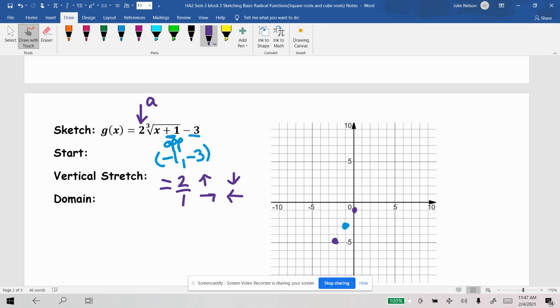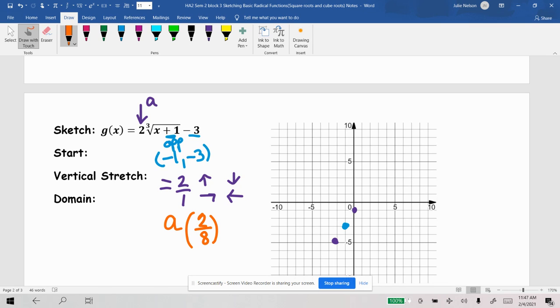But how does that affect points 4 and 5? So you always take your A and you multiply that by 2 over 8.